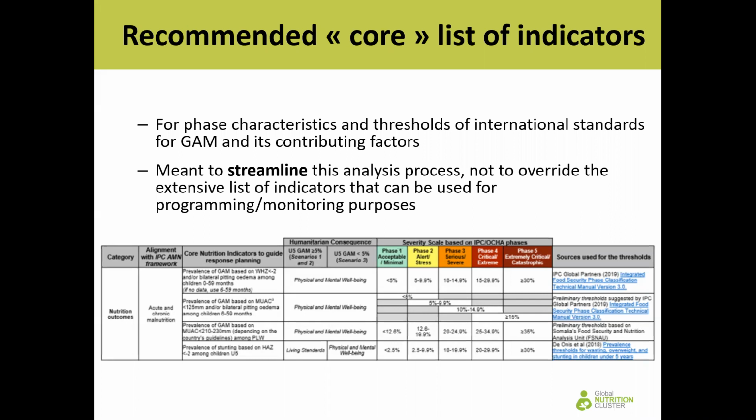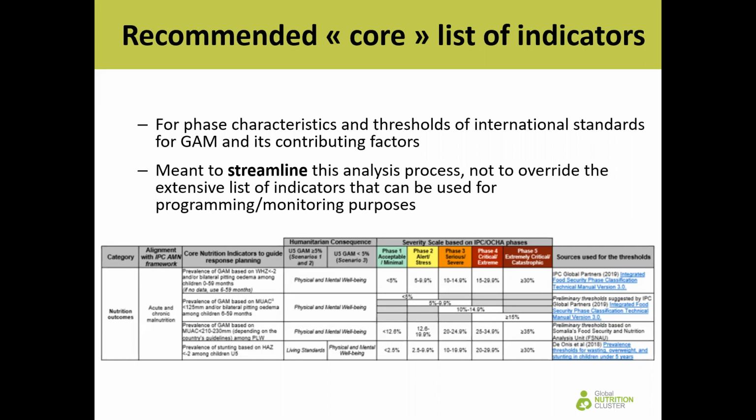So when it comes to contributions from the nutrition colleagues for the intersectoral analysis, we are going to be using the similar list of core indicators that are provided in this guidance in Table 1, to be more specific. Each of these indicators is organized by category, but also by alignment with the IPC acute malnutrition framework that I mentioned previously, and by humanitarian consequence or condition, where certain indicators will be more relevant for certain scenarios over others.